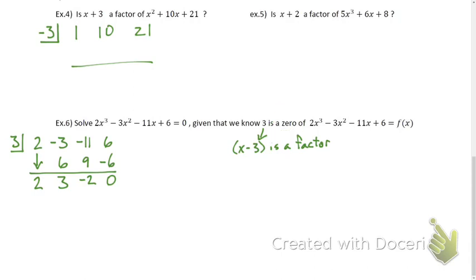So the important part is this. Because this is 2x cubed, 2x to the third power, I want to take the exponent down 1. So that tells me this result is 2x squared plus 3x minus 2.